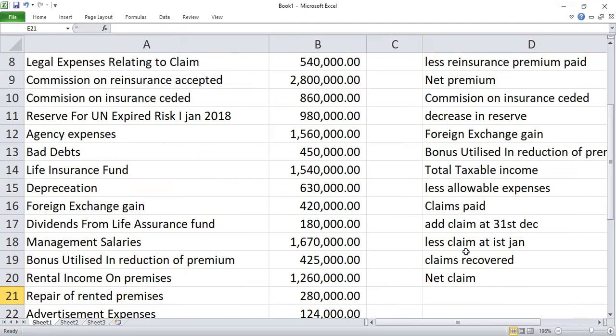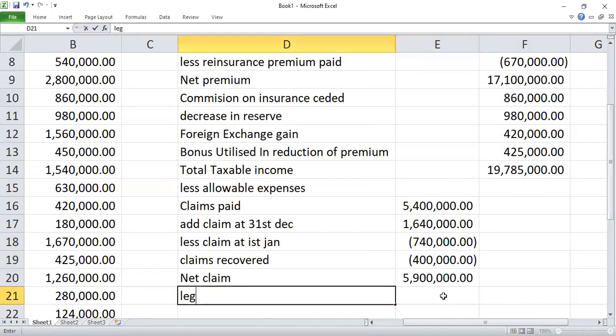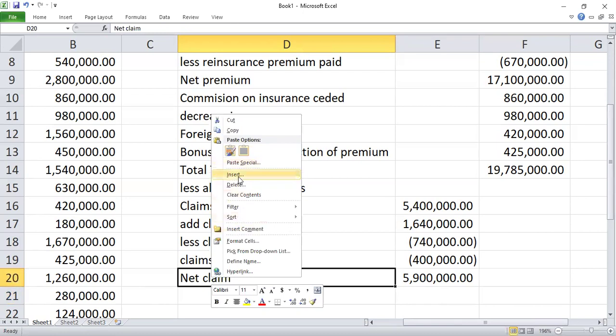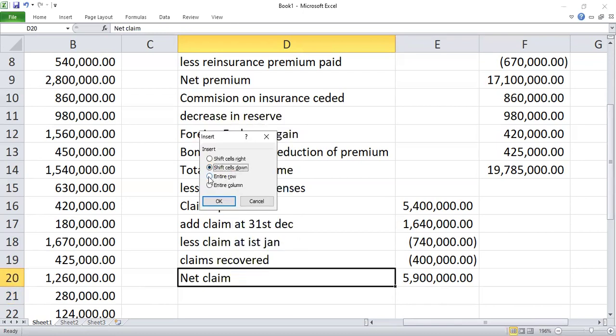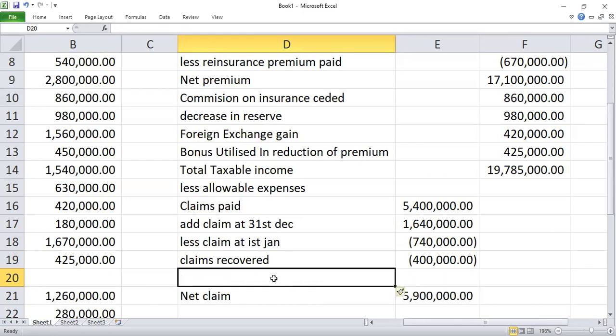So we are going to subtract it from the claim.